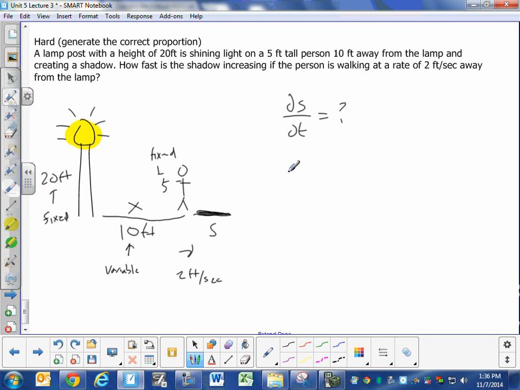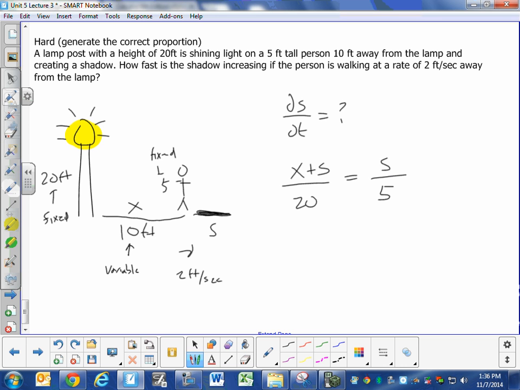Let's just go pole first. It doesn't matter. So the x plus s divided by the height of the pole needs to be equivalent to the length of our shadow divided by the height of my dude.